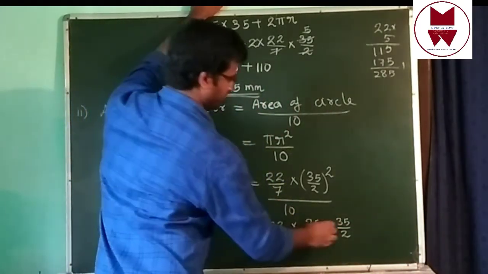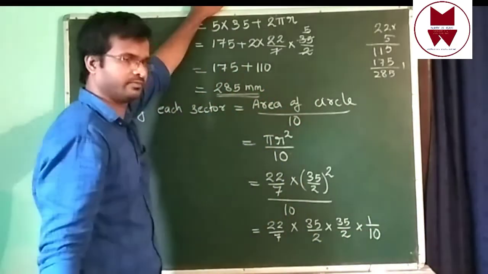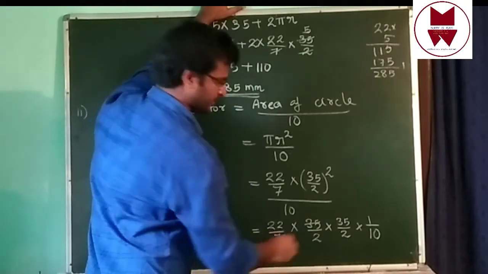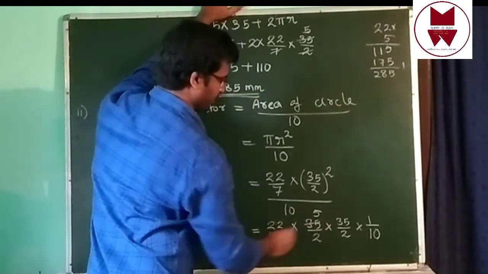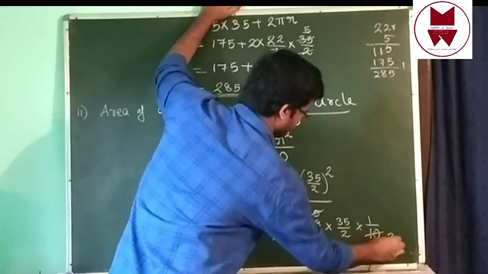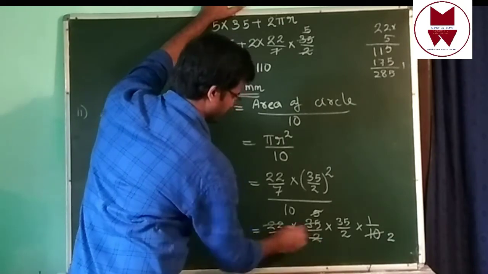Then this 10 we can write 1/10 on one side. Then cancel 7 and 35, 5 times. Then 5 and 10, 2 times. Then again we can cancel this 22 and 2, 11 times.